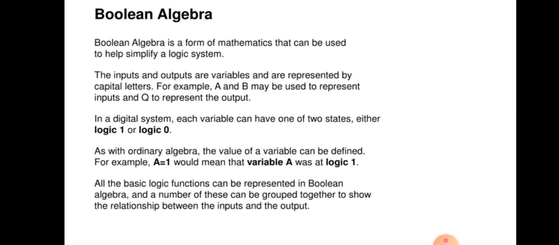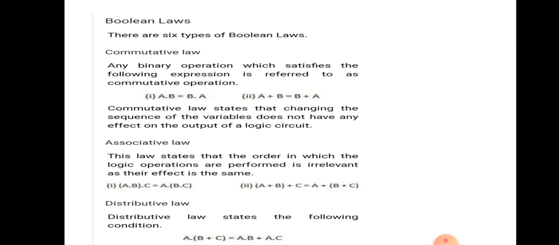Okay, so let's now move towards the Boolean laws. What is meant by Boolean laws? Boolean laws are the very basic laws which are used for Boolean algebra. For example, in general, if you want to study mathematics, then the basic rules you need to know are addition, subtraction, multiplication and division.